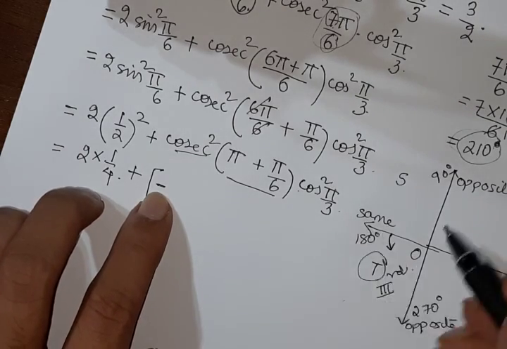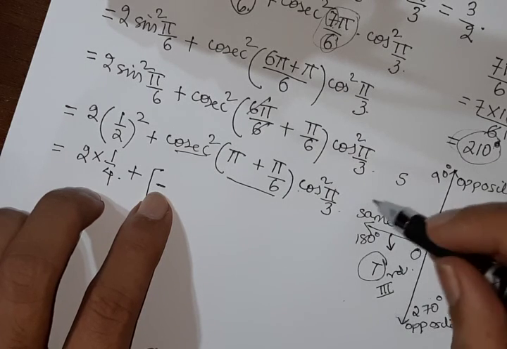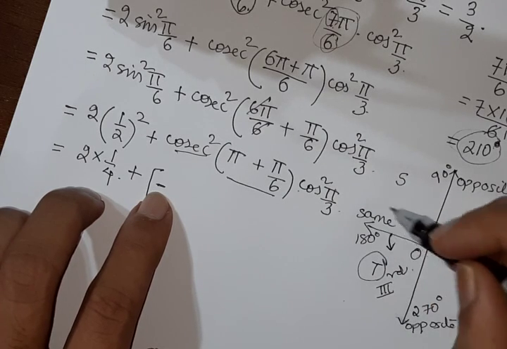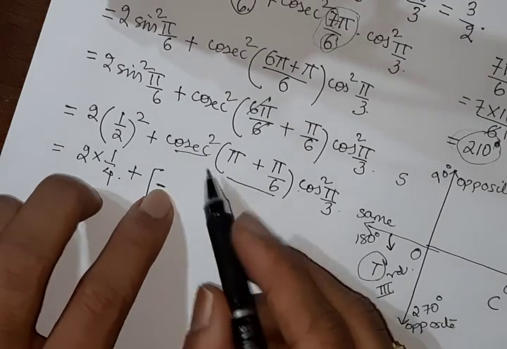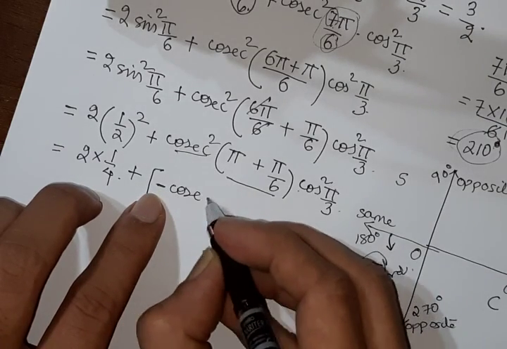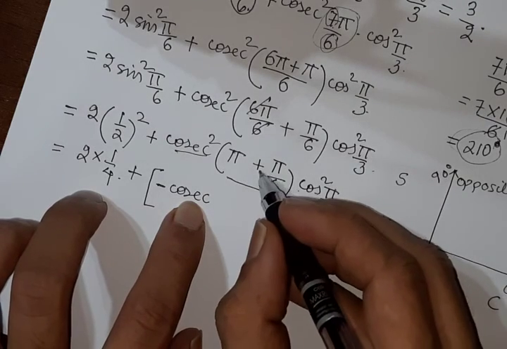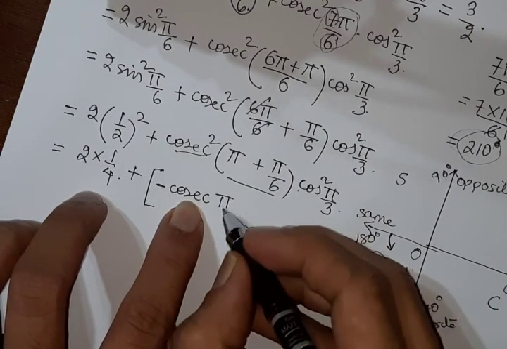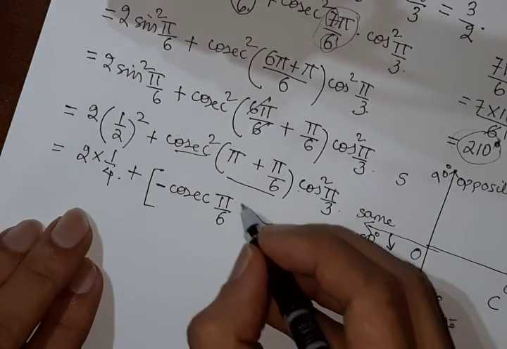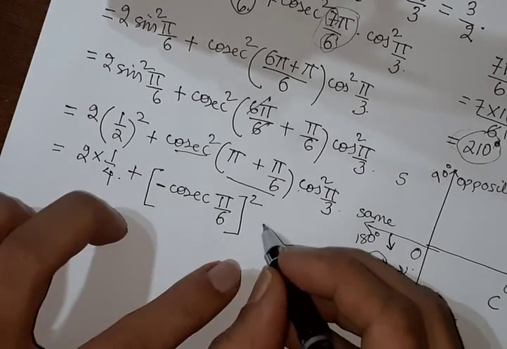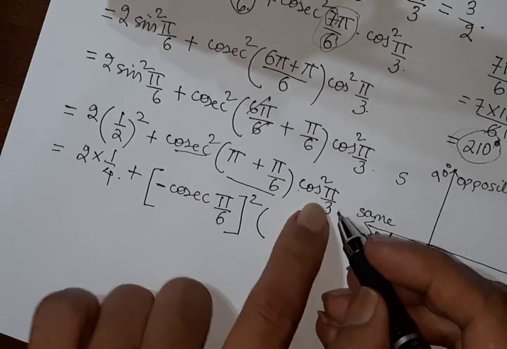Cosec, now you look at this, what I have written here is same. Same means the ratio will not change, so what you will get is cosec only, and the angle without the sign, so that is pi by 6. The whole square, now multiplied by this.